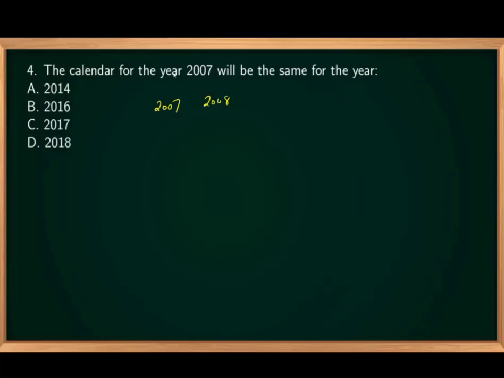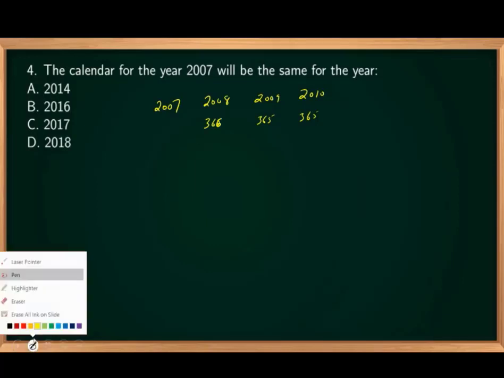But for the number of days, we have to find the total: 366 for 2008, then 2009 it is 365, then 2010 it is 365. We take the whole sum, and then we take the odd days. As a shortcut, we can do like this.